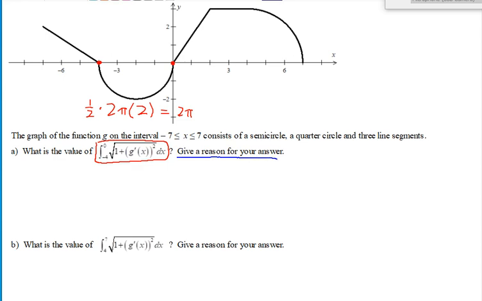So we can say what it represents to help us give a reason for your answer.